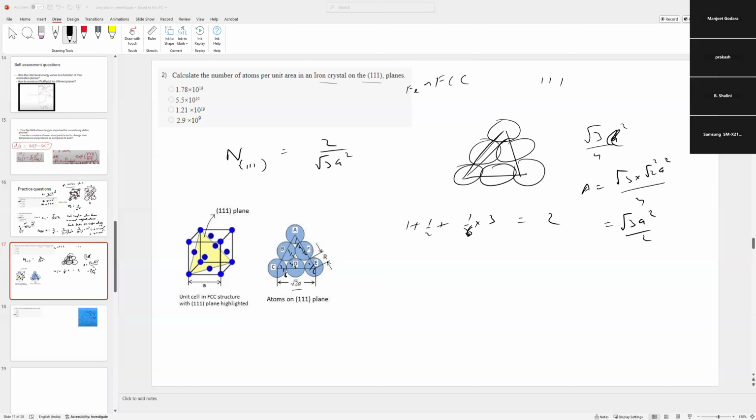So to get the planar density, we have 2 divided by the area.